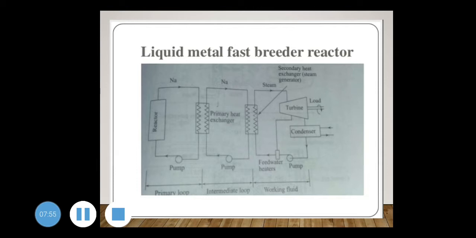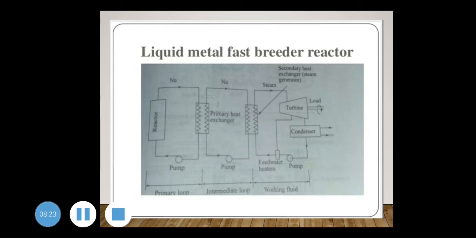Breeder reactors achieve this because their neutron economy is high enough to create more fissile fuel than they use, through irradiation of fertile material such as uranium 238 and thorium 232, which is loaded into the reactor along with the fissile fuel.